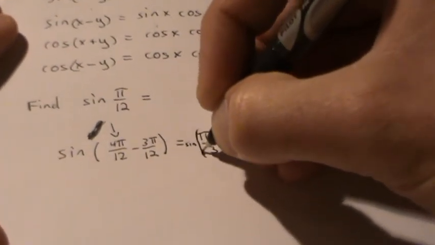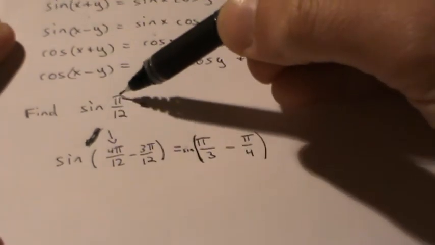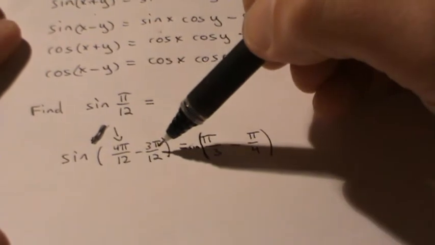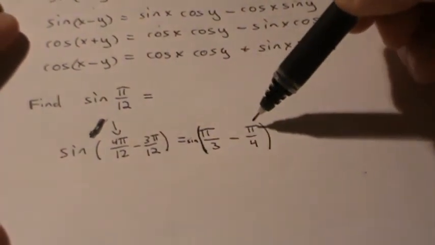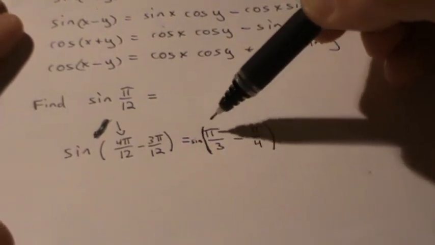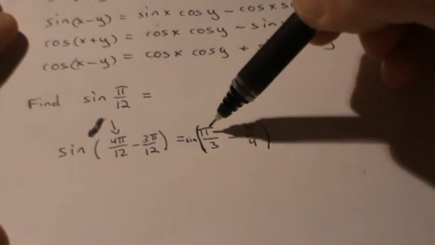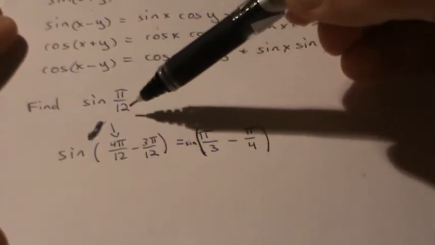So basically the idea is that you need to rewrite pi over 12 as the sum or the difference of two other angles. Those two angles both must reduce into more simplified fractions. And now pi over 3 minus pi over 4 is actually pi over 12.